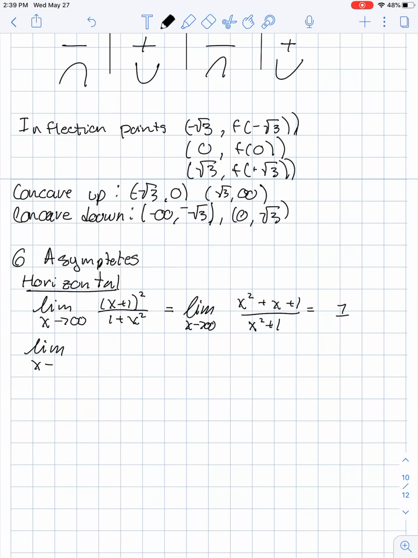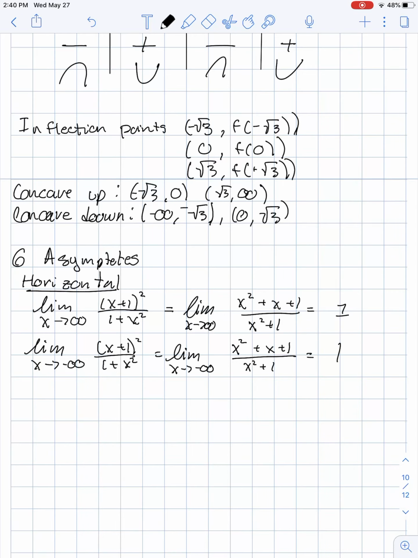So if we do it as x goes to negative infinity, (x plus 1) squared over 1 plus x squared, once we do the same thing, since the square is the highest power, we're still going to get 1.